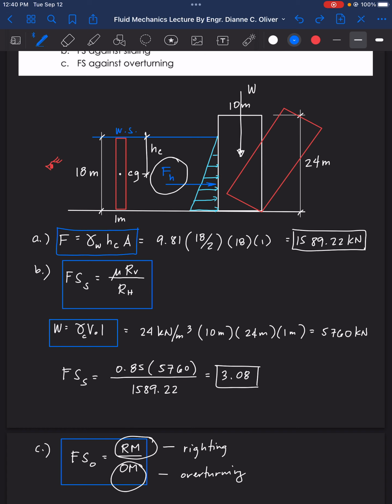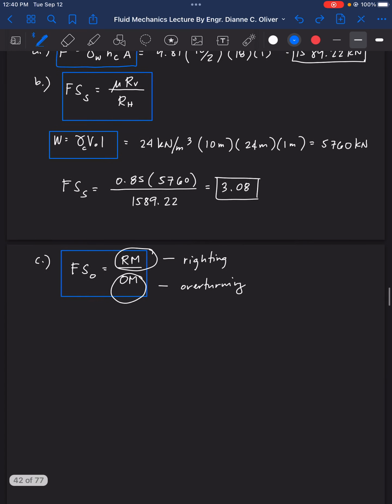Now to correct this failure, we have the righting force, the righting moment, we have the weight here in order to make it erect, right? So we have our righting moment.